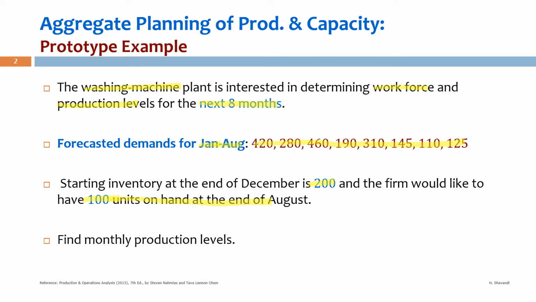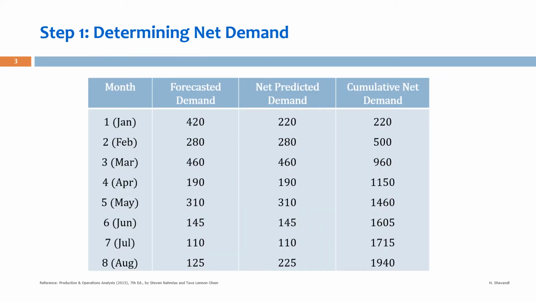So here is our problem, and we want to find the monthly production levels. Here we have the forecasted demand for the 8 months, and since at the beginning of January we have 200 items in the warehouse, the net predicted demand will be 220 for January, and the rest will be the same as the forecasted demand.